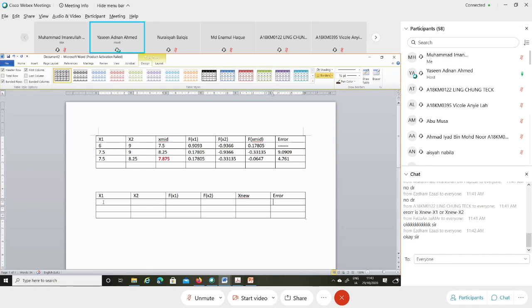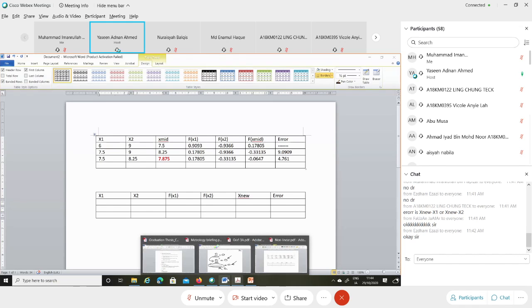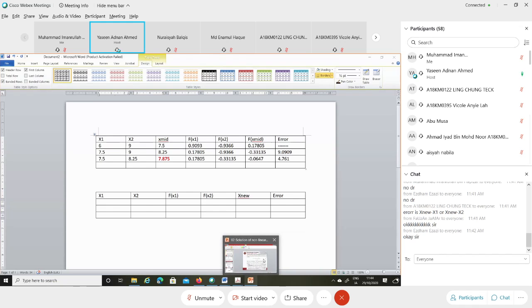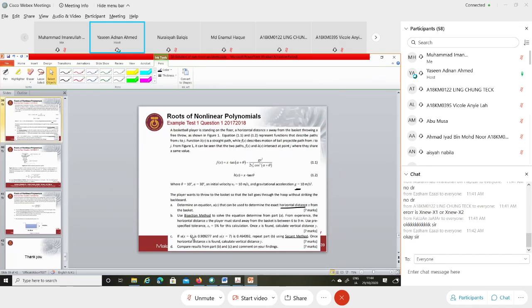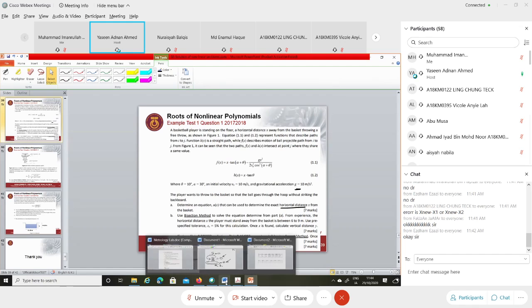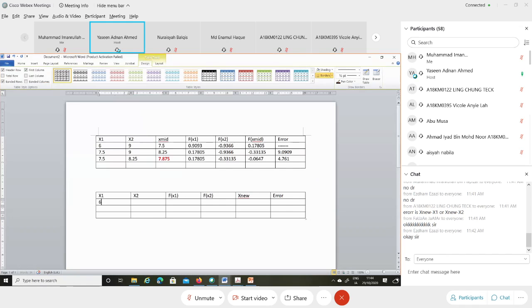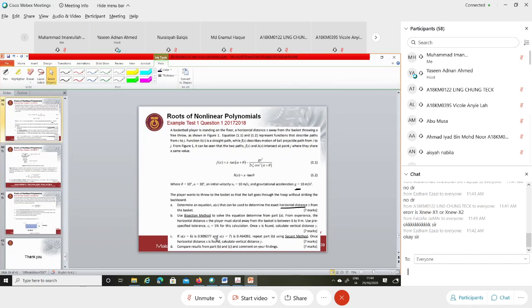Okay, let's start. So we have what? Yeah, sorry. You have to start with 6 and 7. So we start with 6 and 7. Okay, and what are the values of this already given? So you no need to calculate.